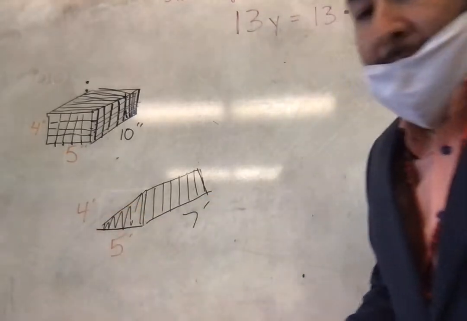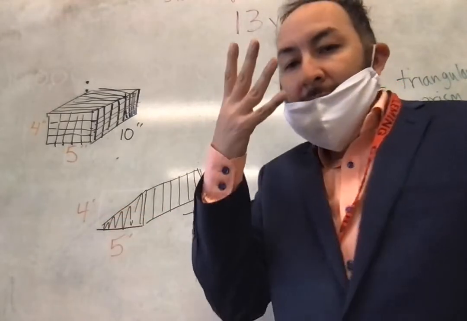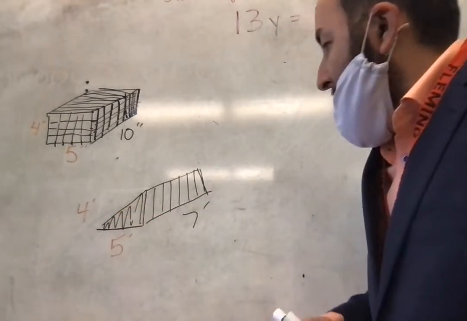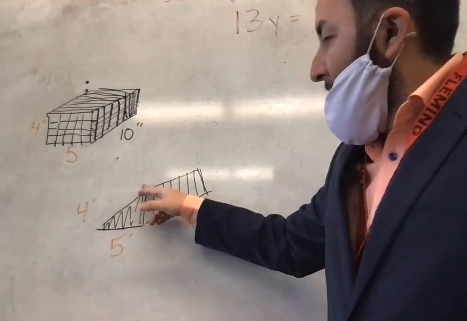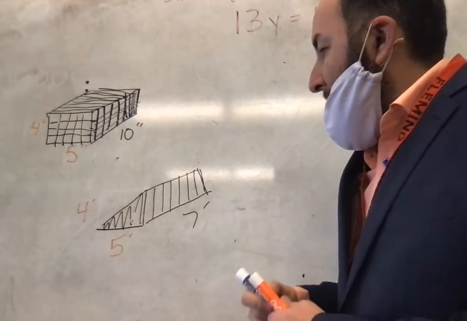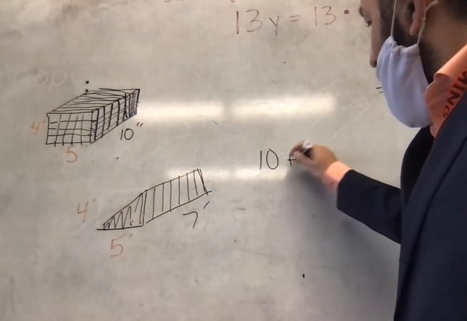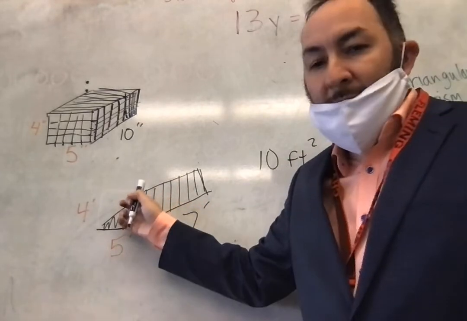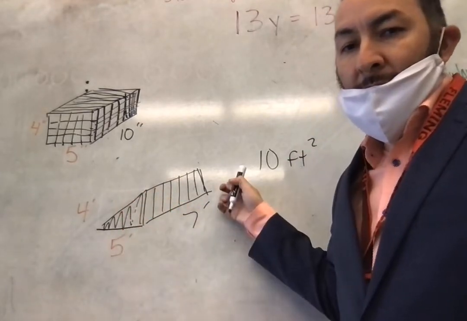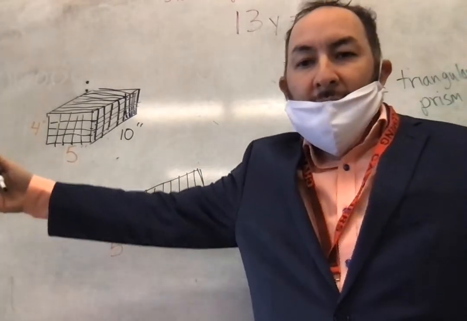We'll do feet. Rule number 1, find the area of the face. Okay? Find the area of the face. Let's see, 5 times 4 is 20, but that would be for the quadrilateral. A triangle is half. So half of 20 is 10. 10 square feet for this triangle. How many are there? 7. 7 triangles stacked together. Okay?